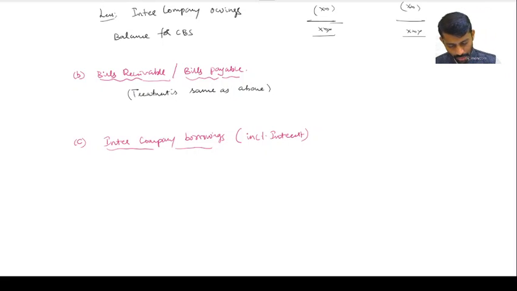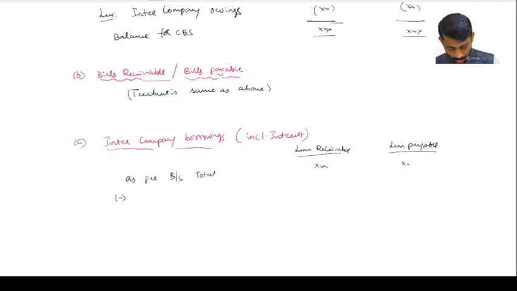So here loans: here loan receivable, and here loan payable will be there. Loan given, loan receivable; here loan payable. Whatever amount is there is as per balance sheet total.